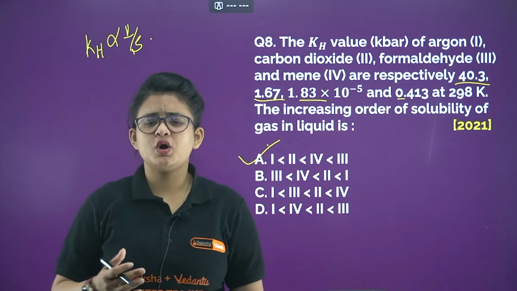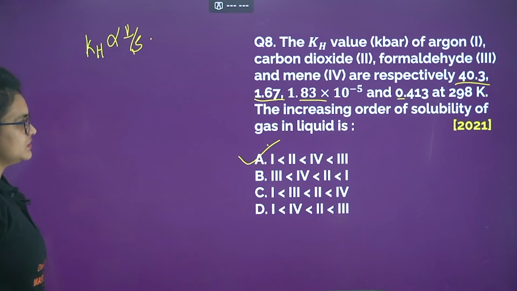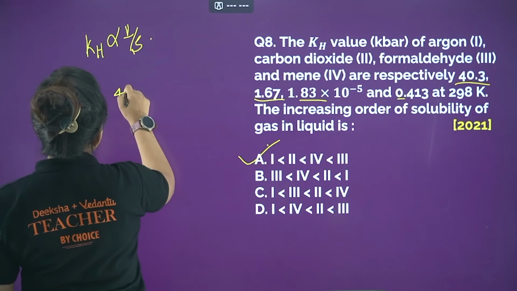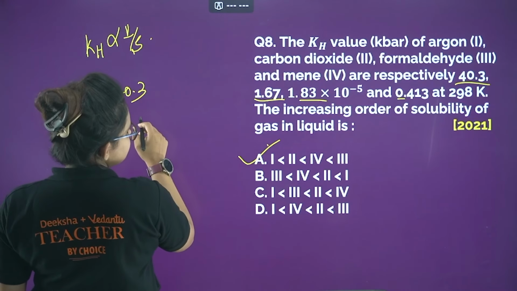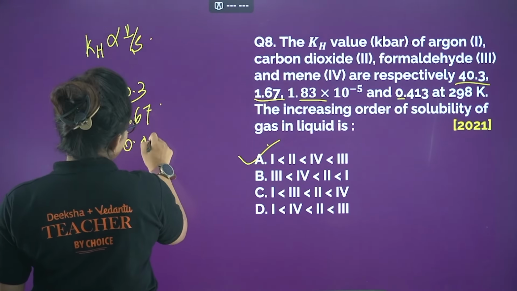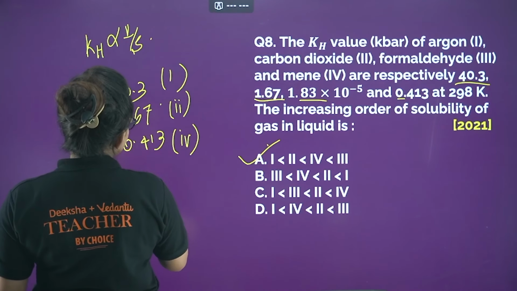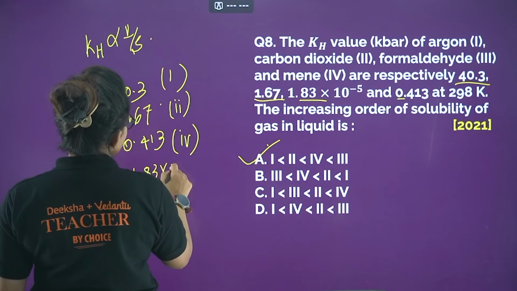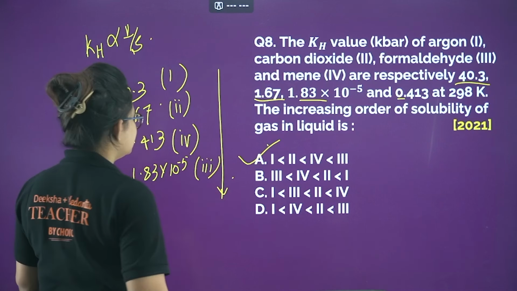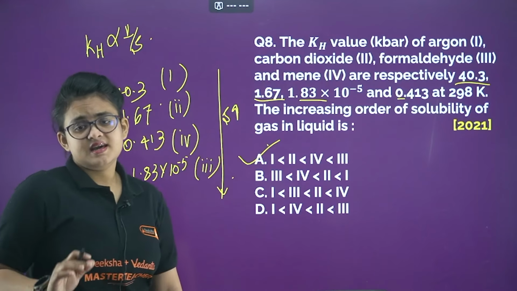Just go through the order of the KH values given here and proceed accordingly. If you don't understand, let me go through the values. The first value is 40.3, the second is 1.67, the third is 0.413. So this is my 1, this is my 2, this is my 4, and then comes 1.83 into 10 power minus 5, which is the third one. That's the order, and the solubility increases like that. I guess it's clear.